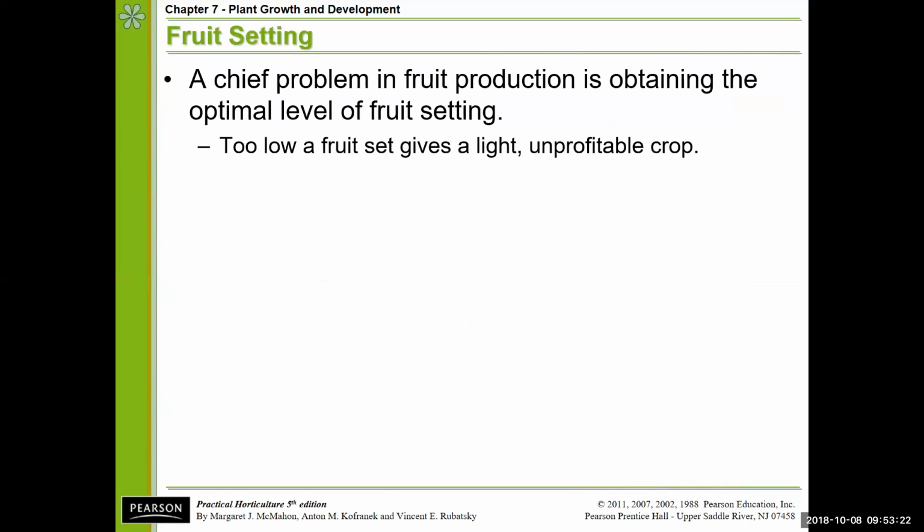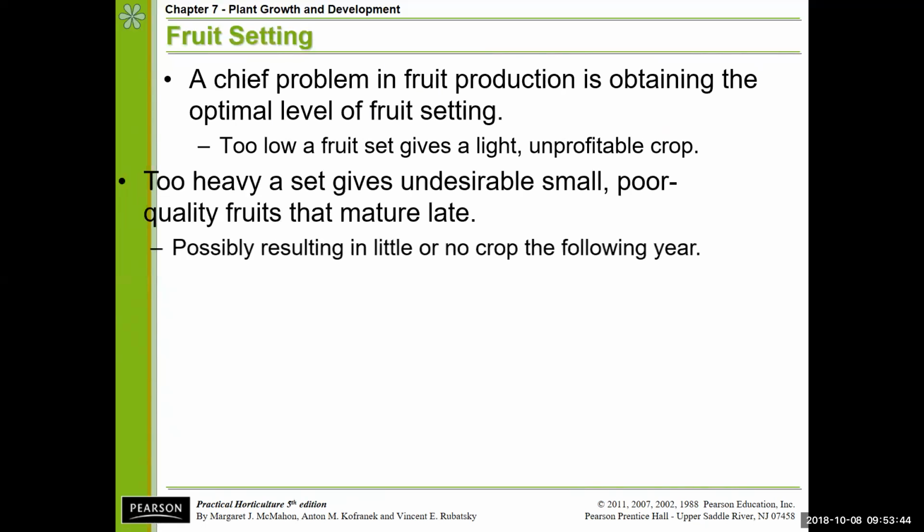So one big thing in fruit production in agriculture is just obtaining the optimal level of fruit setting, and also the sizing of fruits to correspond with that. Of course, with too low of a fruit set, we have lower yields, and that can result in an unprofitable crop.